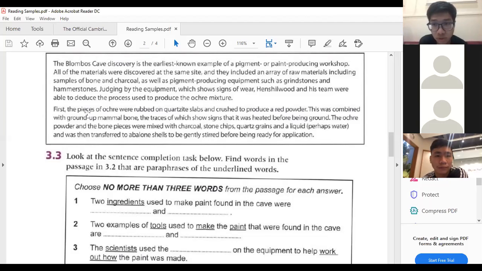So what should be the answer to this one? So here, materials, ingredients. Read the sentence, and what are the nouns that we can put in the blanks down here? There should be two nouns, and the noun should be about materials. So read this line until the full stop, and what are the nouns that you can put?